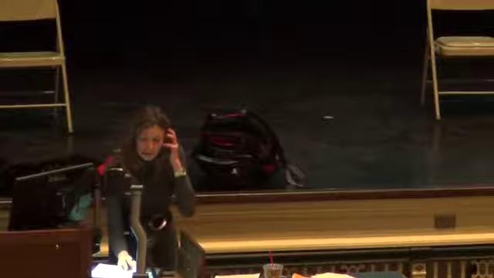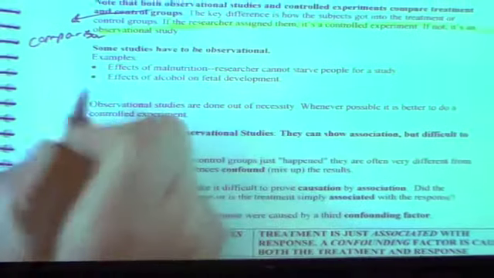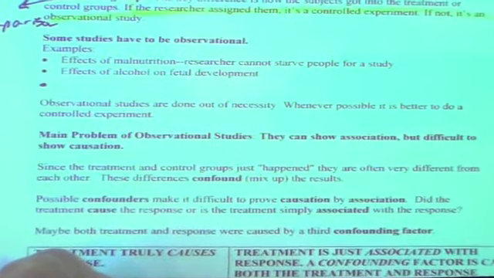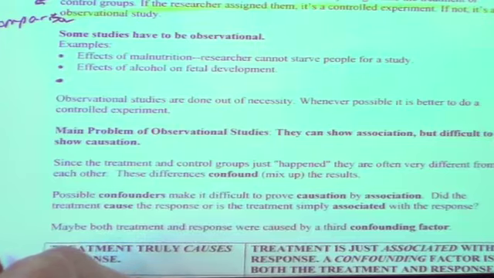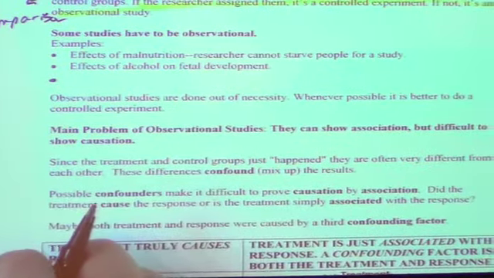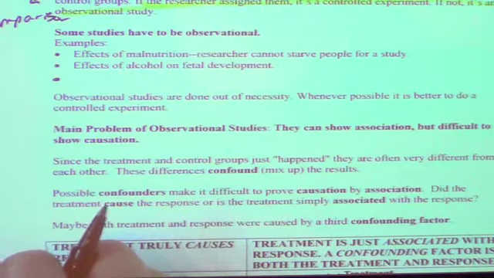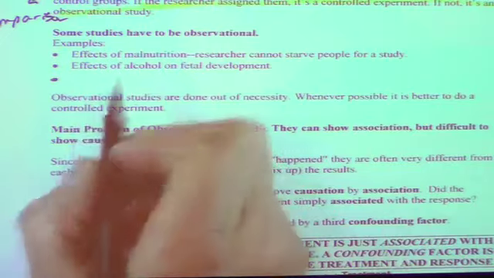Okay. They have to be observational. I mean, there have been cruel societies like the Nazis that have actually done these experiments, but we hope that never happens again. All right. Some studies have to be observational. Actually, our society did some terrible experiments on prisoners that were of this variety. Not treating people who had syphilis to see what happened with them, for example.